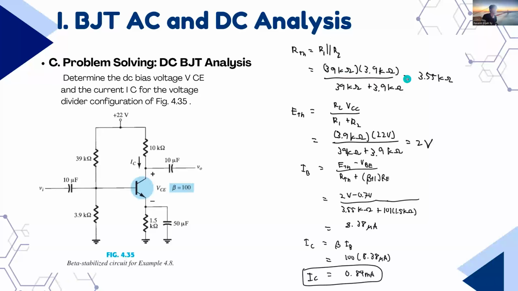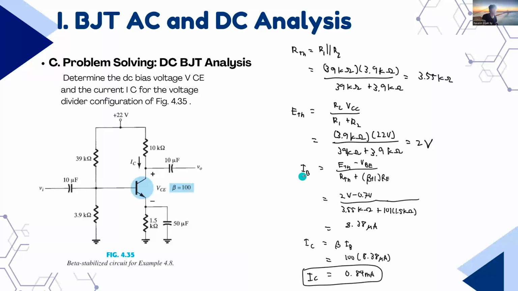Therefore, we will get 3.55 kilo ohms for RTH. Then the ETH, this is the formula: VCC times R2 over R1 plus R2. We just plug that into the formula. VCC is 22, R2 is 39, and R1 plus R2. Then we will get 2 volts.